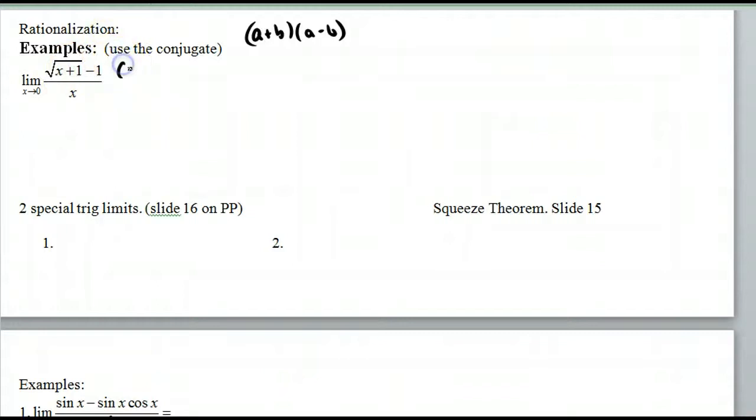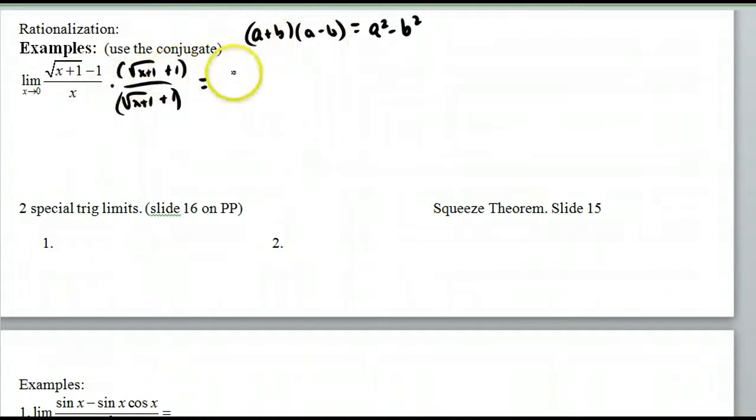So I'm going to multiply top and bottom by the conjugate. And I can multiply by 1, that's no problem. And when I do this, remember that this becomes a squared minus b squared. So the middle terms drop out. That's the whole idea, so we get the square root to drop out.